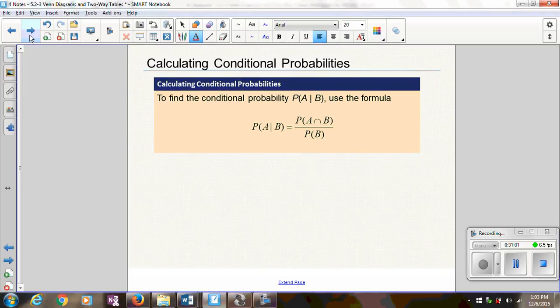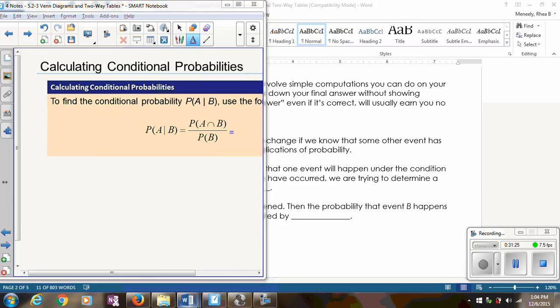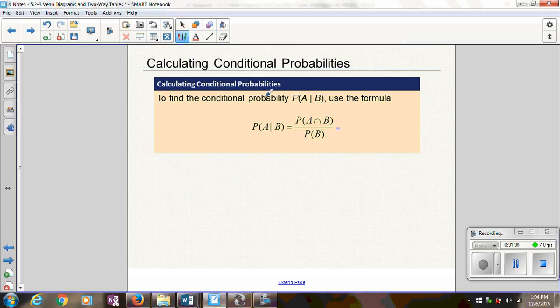The formula for finding the conditional probability is, and notice the symbols we're using, the probability of A given B is the same thing as saying the probability of A and B, and remember that upside down U, it's not union, it means intersection.